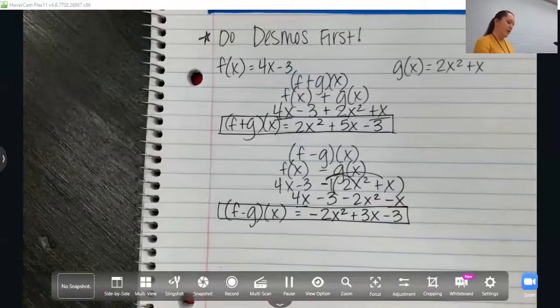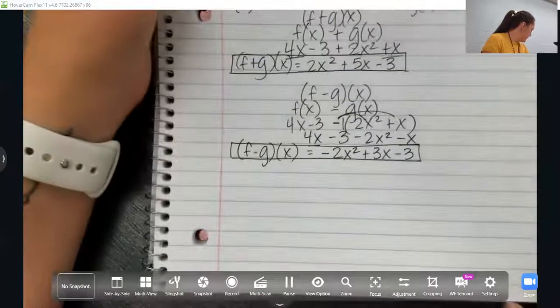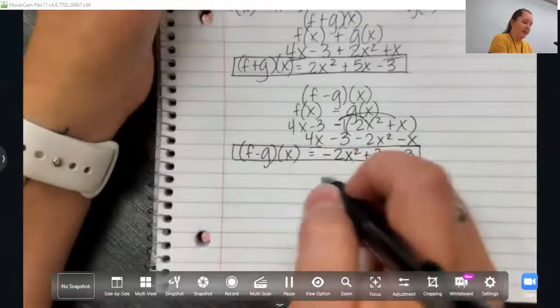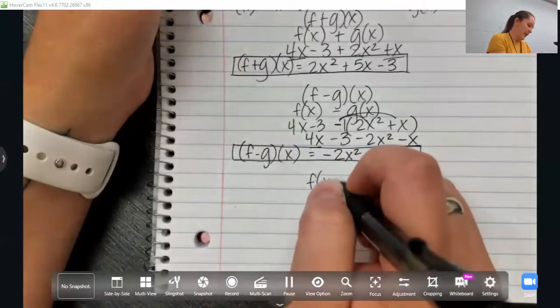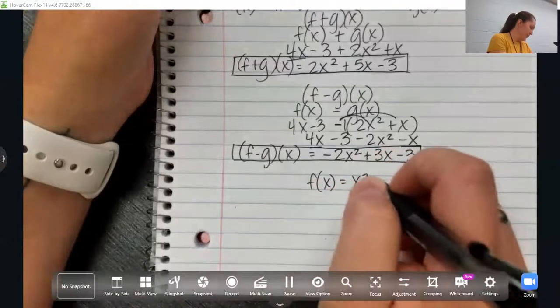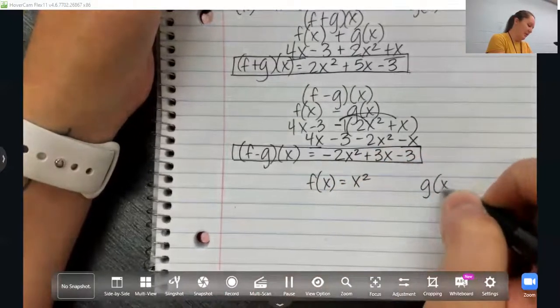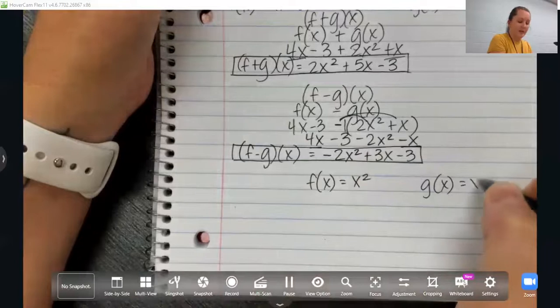example. And let's do product. So we have f of x equals x squared and g of x equals x minus 3.